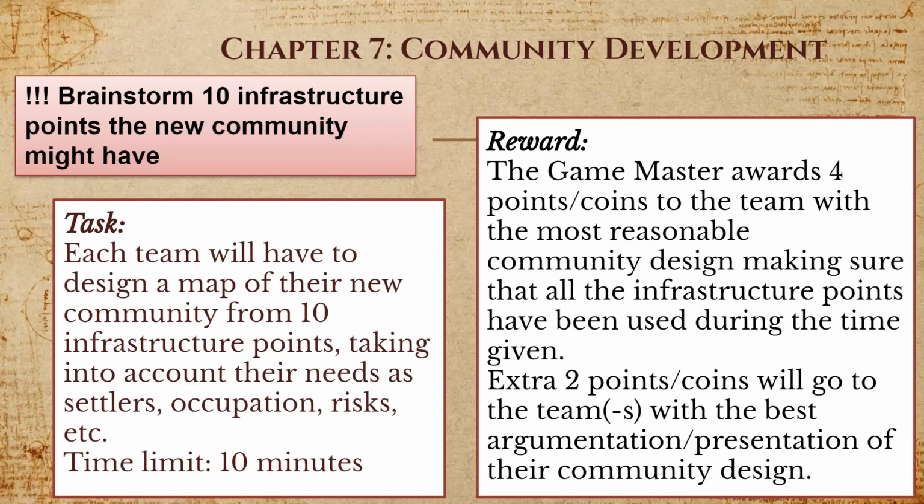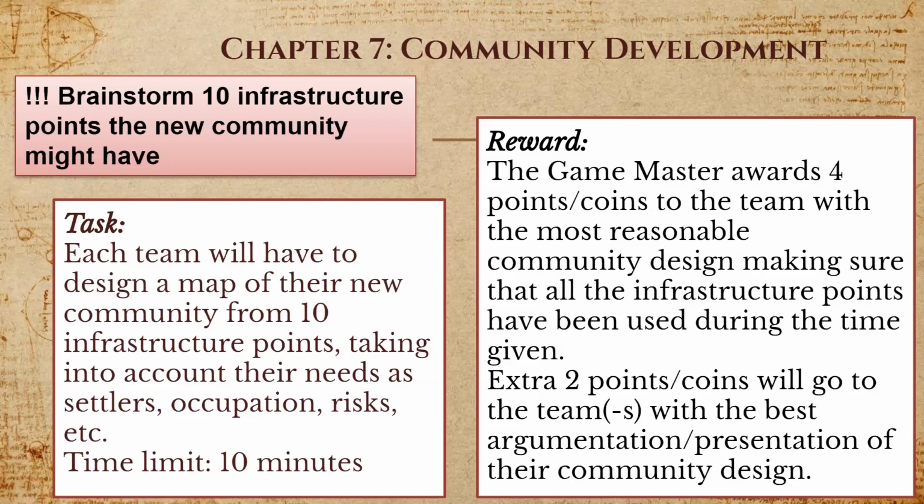But the idea is that they will have to draw a map, on which they arrange these infrastructure points into particular places. And there should be a reasonable explanation, a reasonable architectural setting.